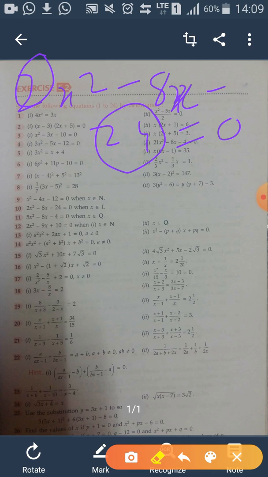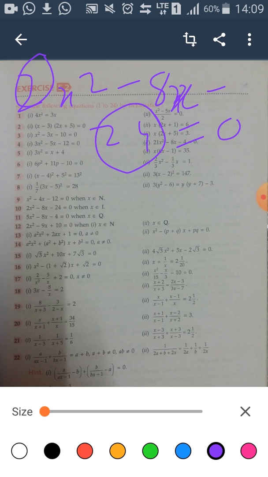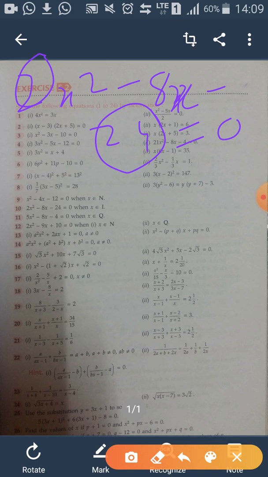So the right combination is 12 minus 4. So 2x square minus 12x plus 4x minus 24 is equal to 0.